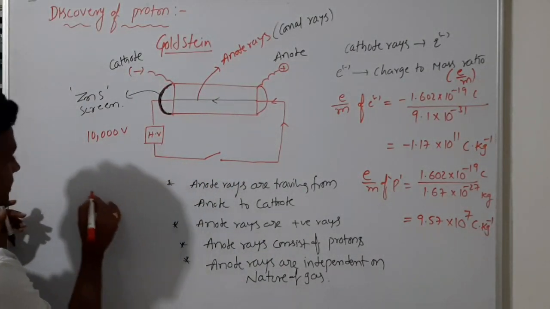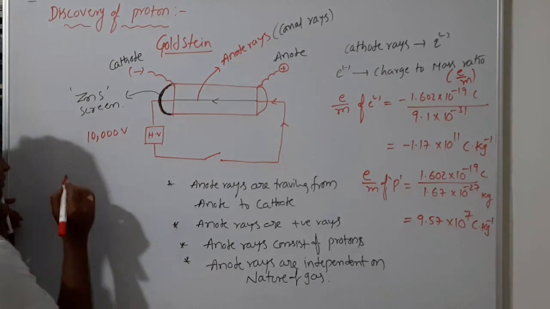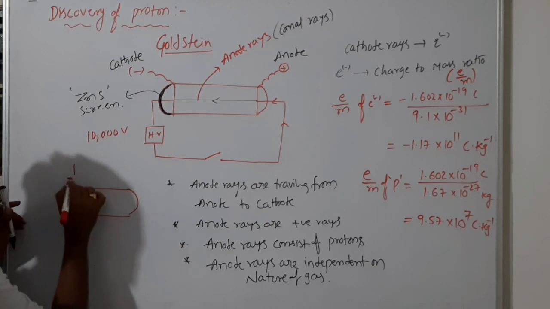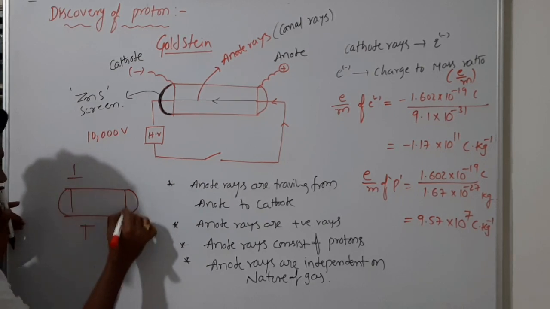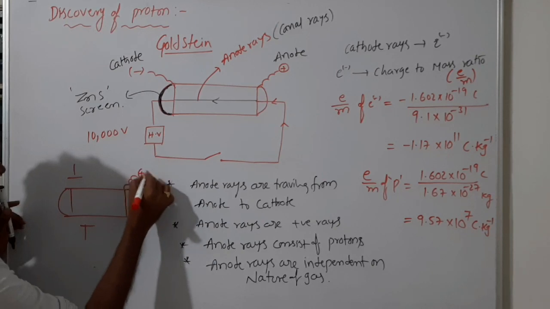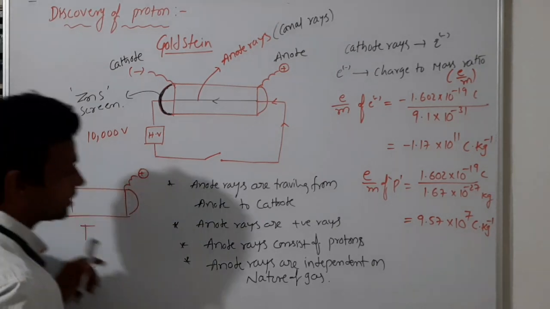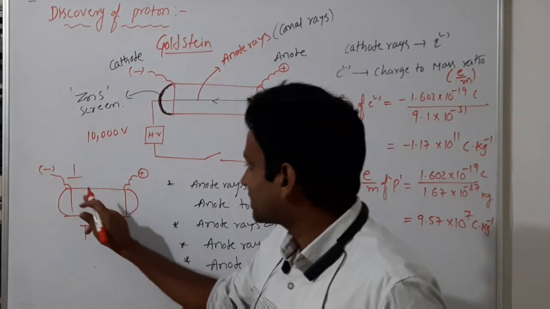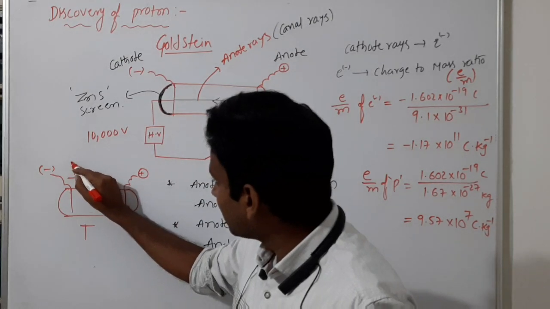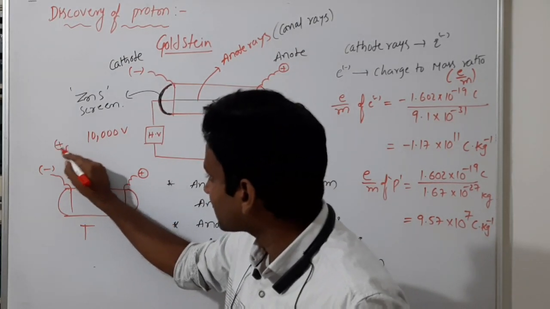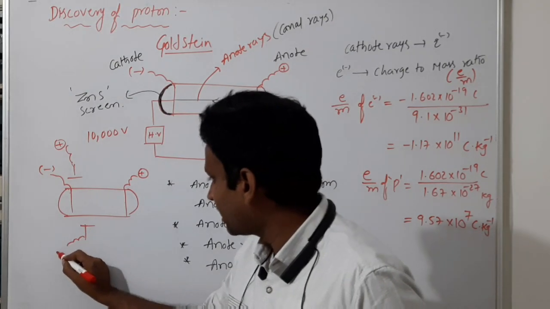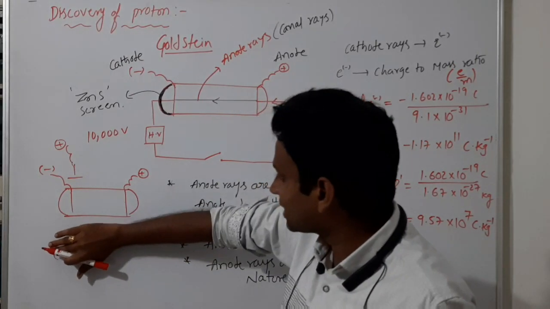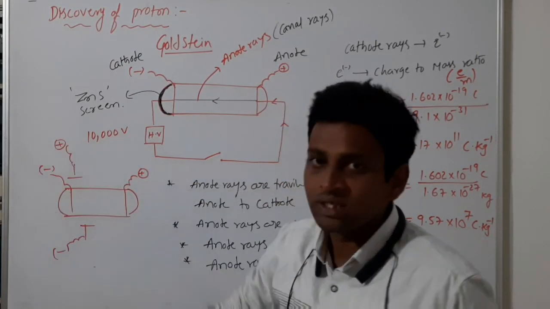So here, anode rays are traveling from anode to cathode. This is the external field: this is plus, the external anode, and this is minus, the external cathode. What happens if the external anode and cathode are not there?